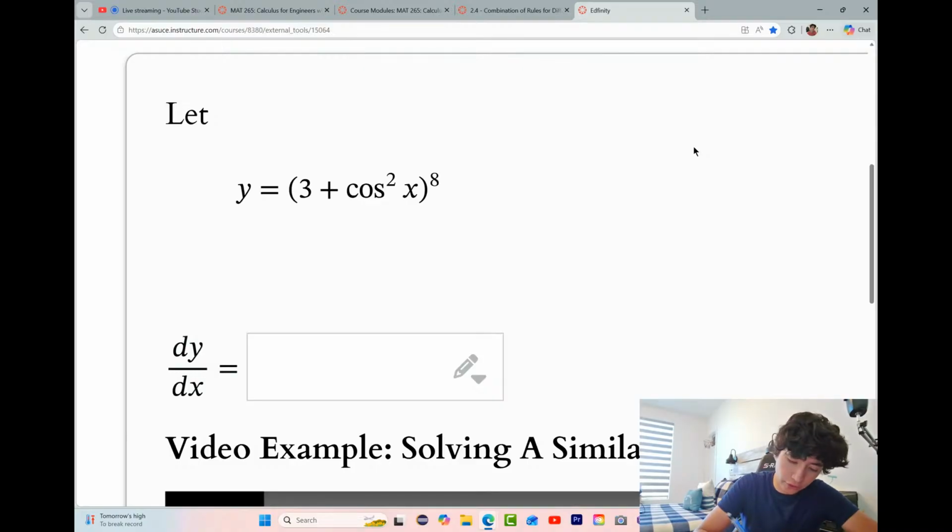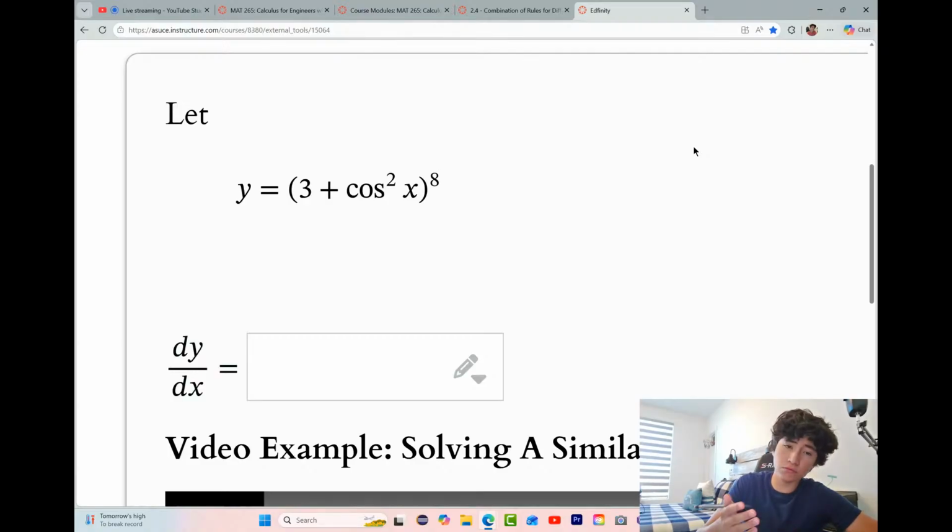And then we have the derivative of the entire function. So we can also utilize the chain rule right there. So y prime will equal the derivative of the inner function, and that's going to be the derivative of 3 plus cosine squared of x. The 3 is 0, so it doesn't matter.